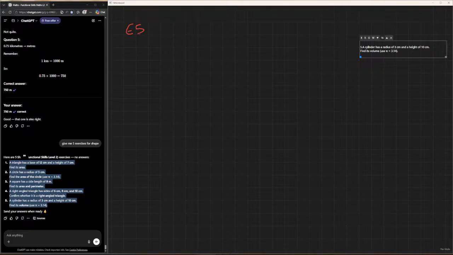Question 5. Okay, a cylinder has a radius of 3 and a height of 10 centimeters. Find its volume using pi as 3. So the cylinder, I think, is something like this from what I remember, if I am correct.